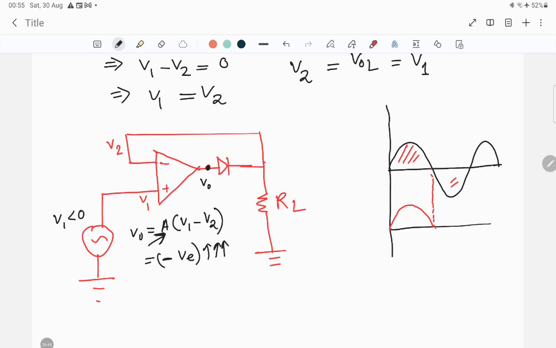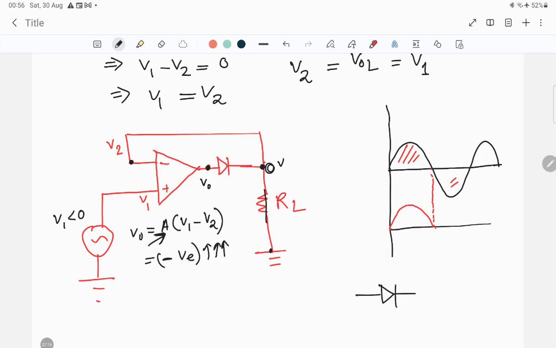So if the output V0 becomes a very high negative value, then in a diode, if this point is directly connected with ground, there will be 0 volt, and this 0 volt will appear also over here.